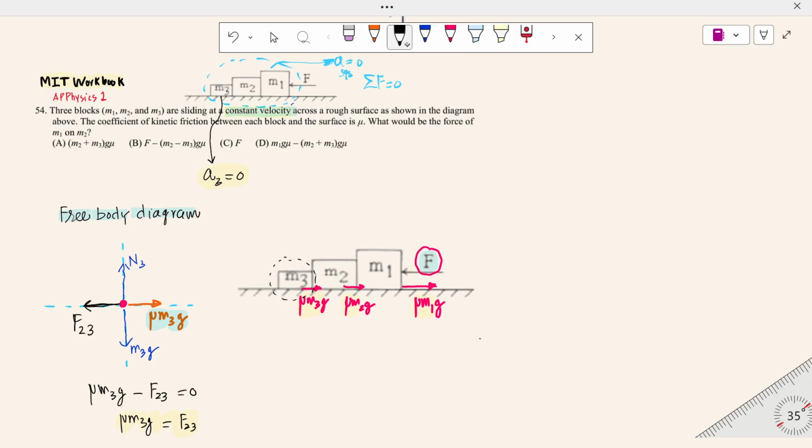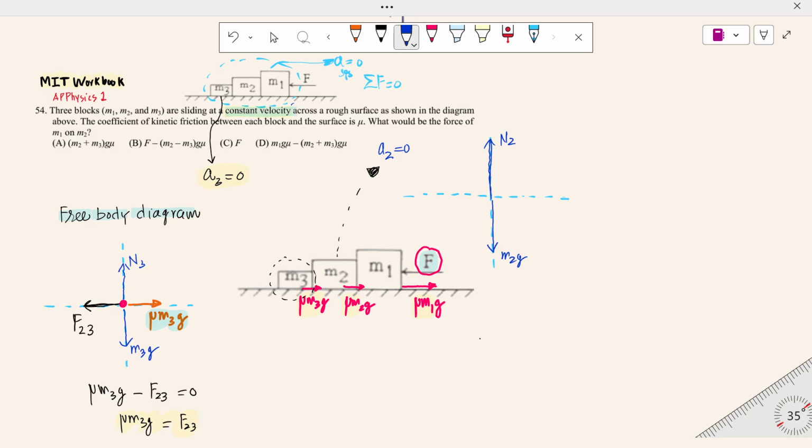So what will be its free body diagram? Students, a2 is 0, its acceleration should be 0, which means that once again the forces balance. This is the normal force on block 2, N2, and this is the weight, equal to m2g. These two forces are equal. Now the important forces are the forces along the x-axis.